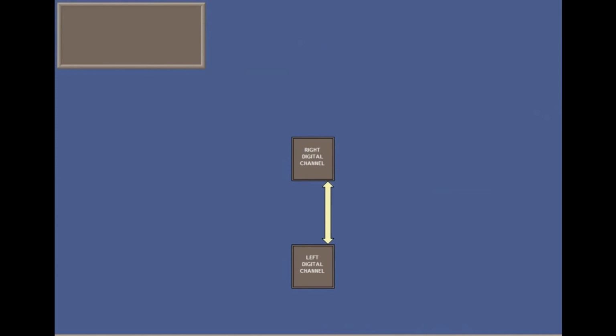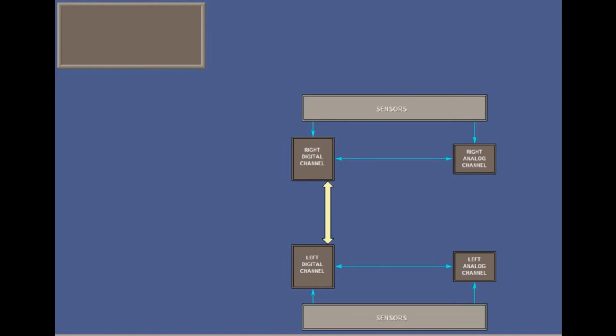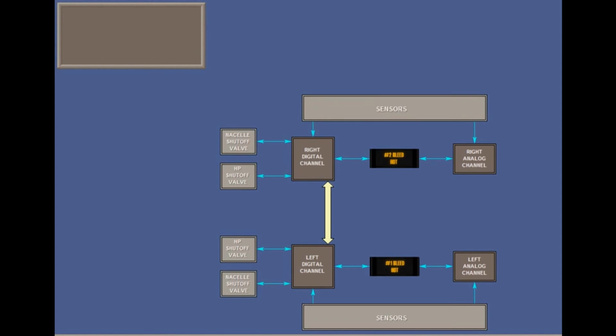The ECU of the environmental control system has 2 digital channels and 2 backup analog channels. The digital and analog channels are fed by temperature, pressure, flow, and other sensors. Either channel can trigger a bleed hot caution light and close the nacelle and HP shutoff valves.